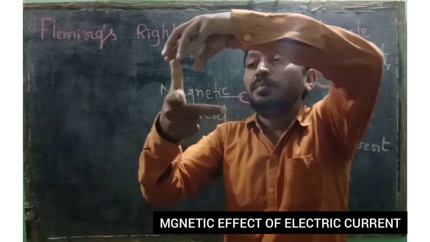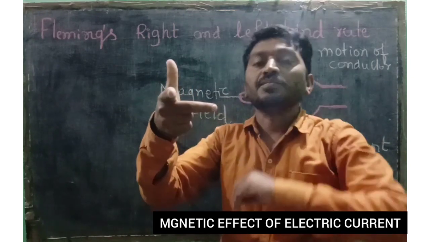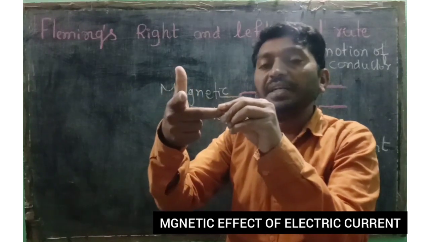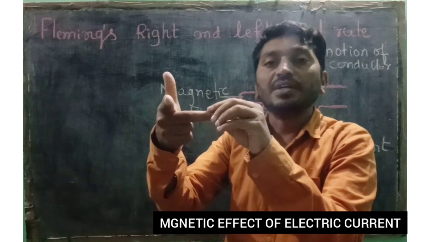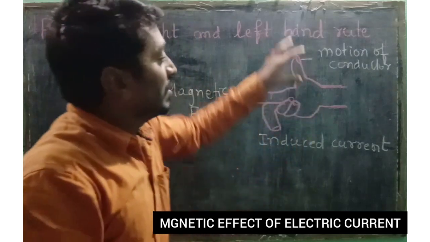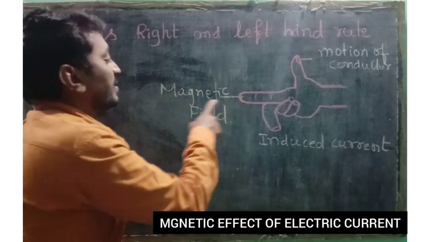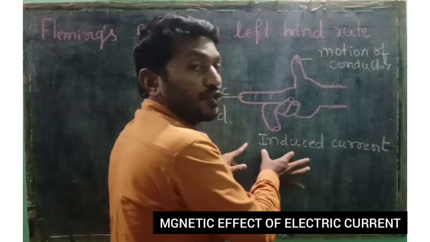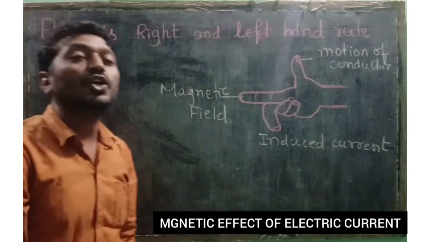Then the thumb indicates the motion of the conductor, the forefinger indicates the magnetic field, and the middle or center finger indicates the induced current in the conductor. This is called Fleming's right hand rule.